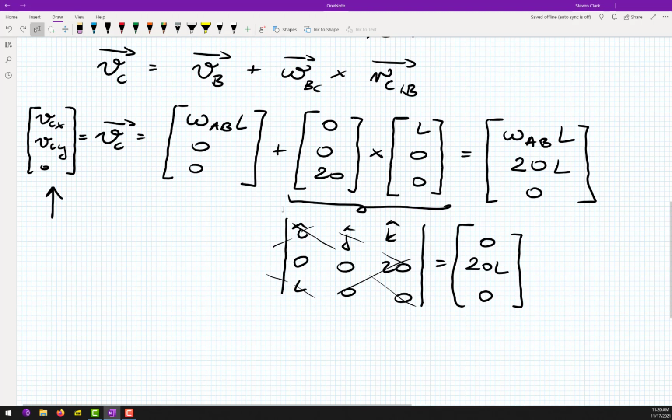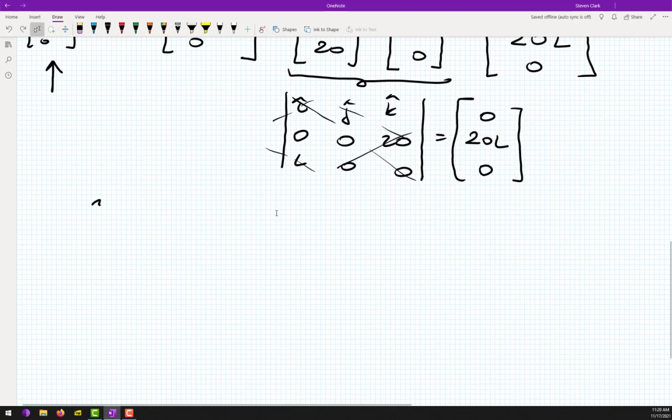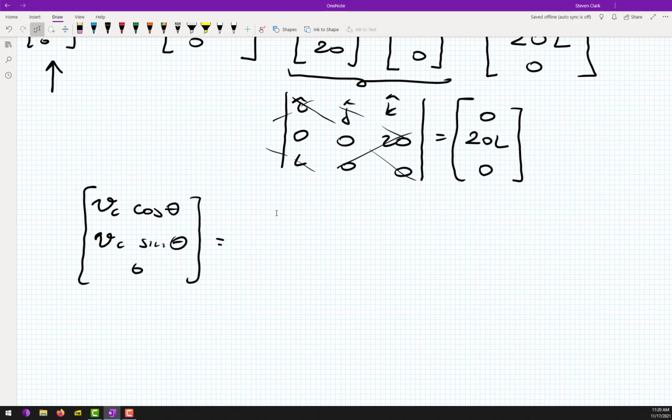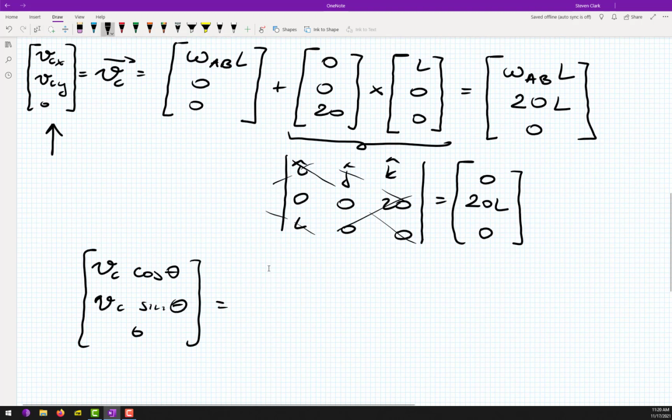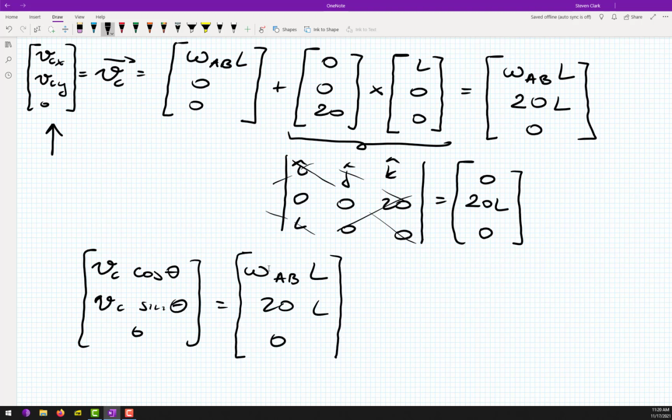Yeah, okay, so we can actually write V_C cosine theta, V_C sine theta, 0 is equal to omega AB L, 20L, 0. Okay, so we have two equations and two unknowns, right? Because we have an expression for the x component and an expression for the y component.